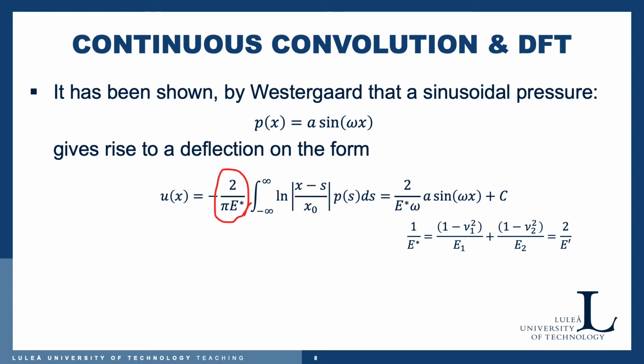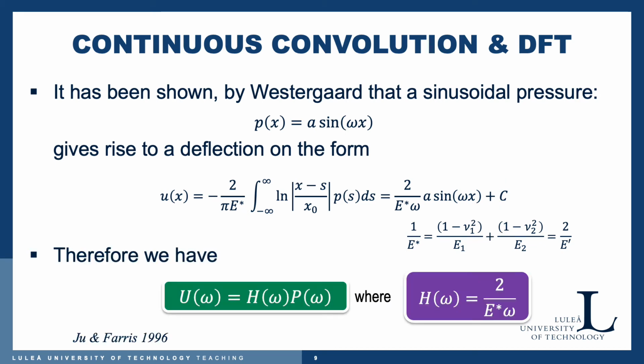And we can note, of course, that we have this factor in front here, and what we see really here, the result is just this auxiliary type of representation of the deflection as we have been defining before, and then we have the additional constant here.